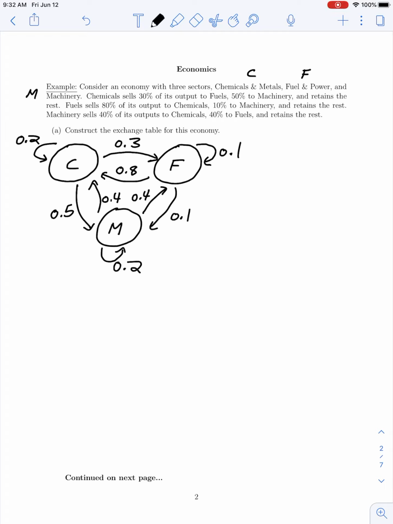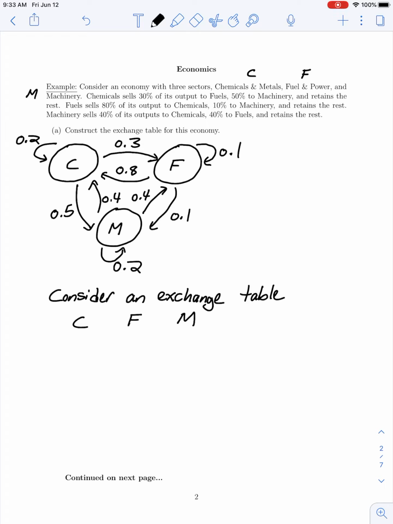And we're told to construct what's called an exchange table for this economy. So we want to summarize what we've illustrated in this picture in a table. So for our exchange table, let us consider the exchange table where we had three different sectors: chemicals and metals, fuel and power, and machinery.